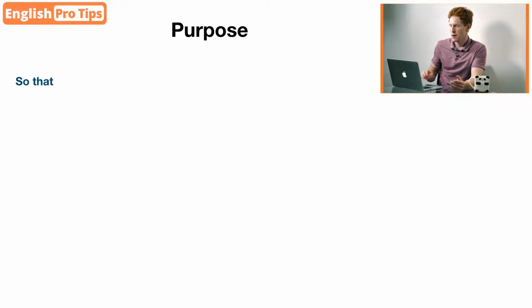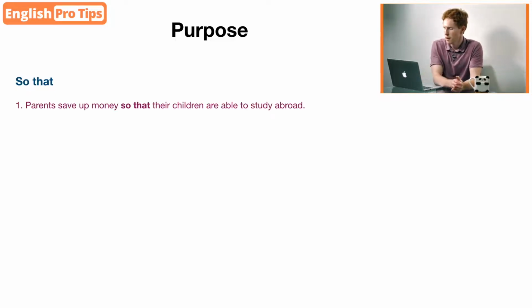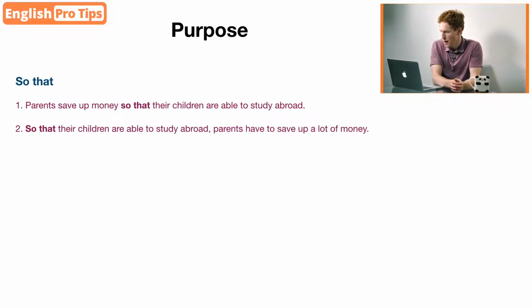Okay, what about so that? Another very useful phrase or set of words that automatically mean that we're using advanced grammar in our essays. Parents save up money so that their children are able to study abroad. So that their children are able to study abroad, parents have to save up a lot of money.